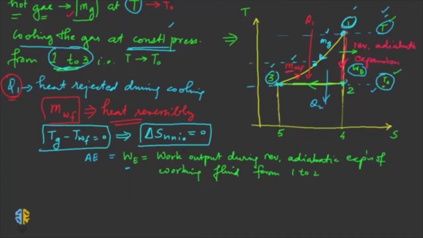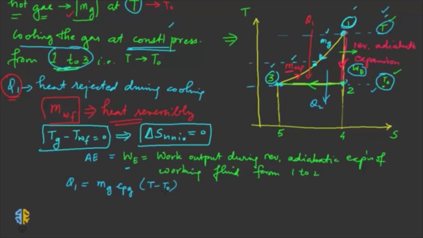Now Q1 is the amount of heat that is rejected during the cooling of the hot gas. That would be equal to the mass of hot gas, and because the cooling is done isobarically, the specific heat at constant pressure of the gas, into the change from T to T naught.